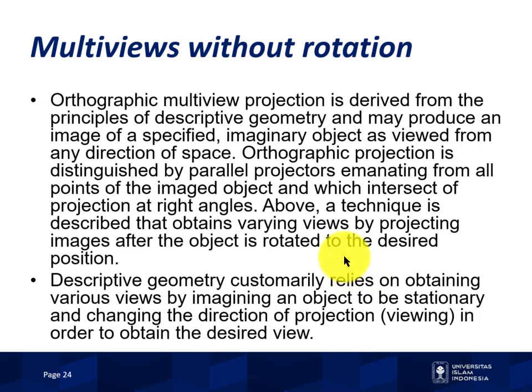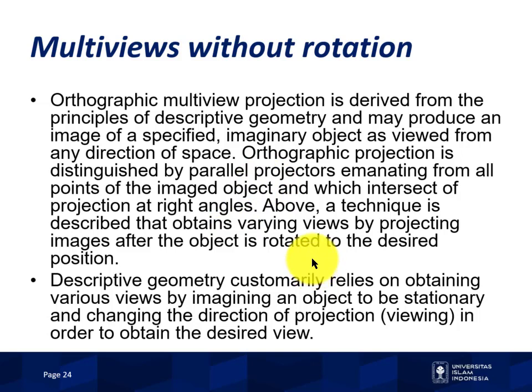Multi-views without rotation. Orthographic multi-view projection is derived from the principle of descriptive geometry and may produce an image of a specified imaginary object as viewed from any direction of space. Orthographic projection is distinguished by parallel projectors emanating from all points of the imaged object and which intersect the plane of projection at right angles.